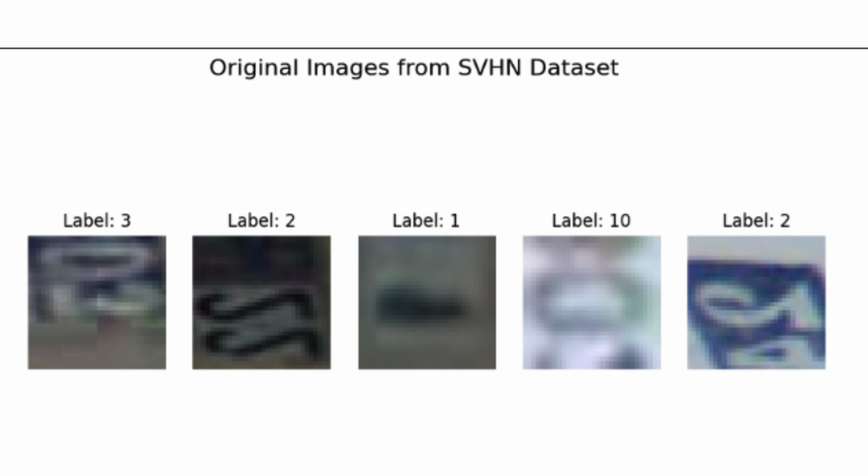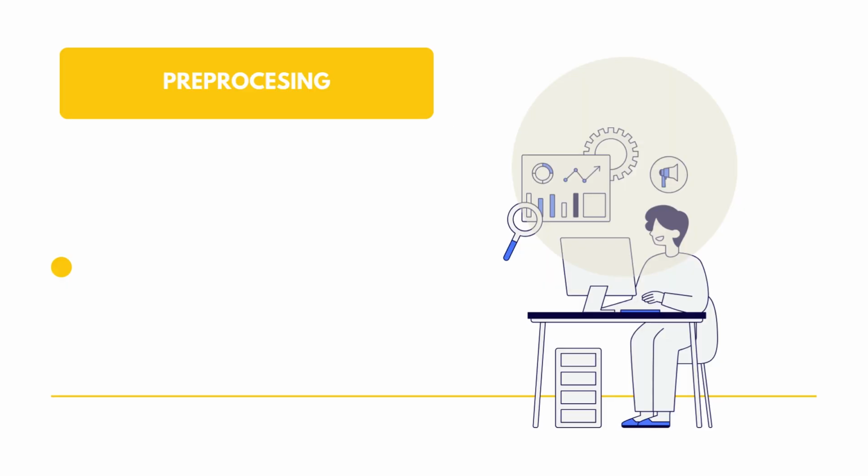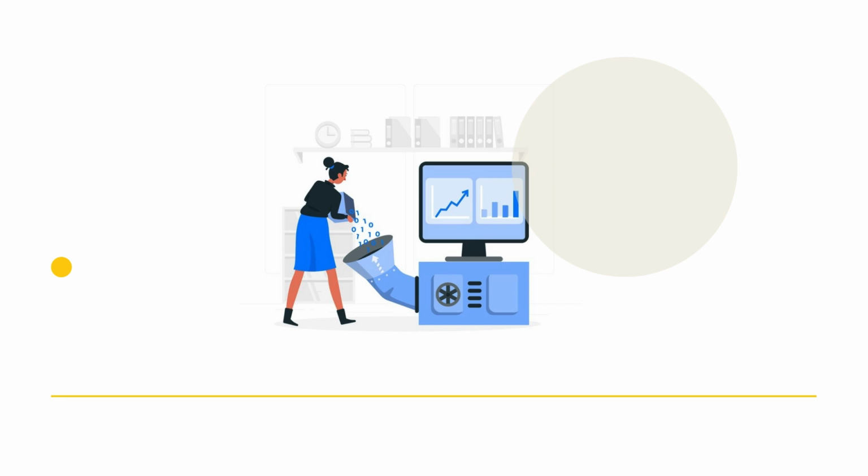As I explored, I also examined some sample images. These images are not just numbers on a white background. They are full of real-world challenges. Next, I moved on to pre-processing. Pre-processing is like preparing your ingredients before cooking.